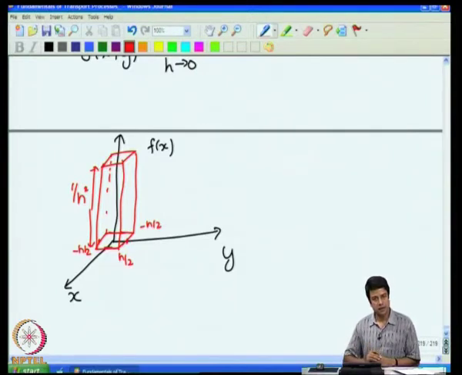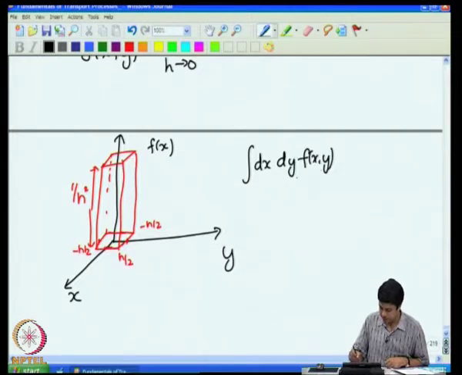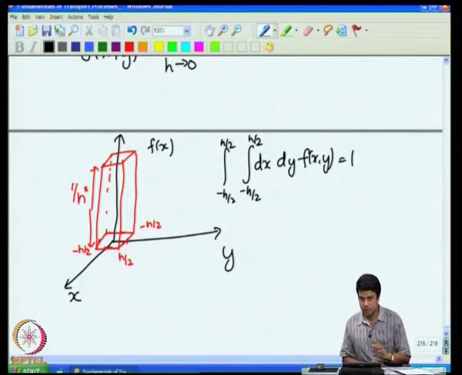This rectangle is actually a square with length h in the x axis and length h in the y axis. Therefore, integral dx dy f of x y from minus h by 2 to h by 2 has to be equal to 1. So, this is the total volume under the curve in this case.